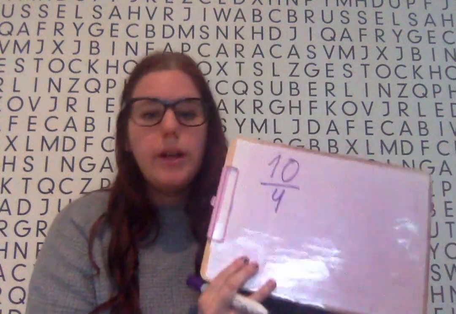We can do it even a little more simply using division. This is probably the quickest way you're going to be able to do this. Let's say I have 10/4. Really what I need to know is 10 divided by 4.